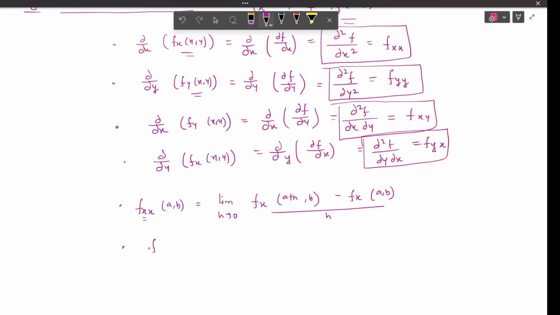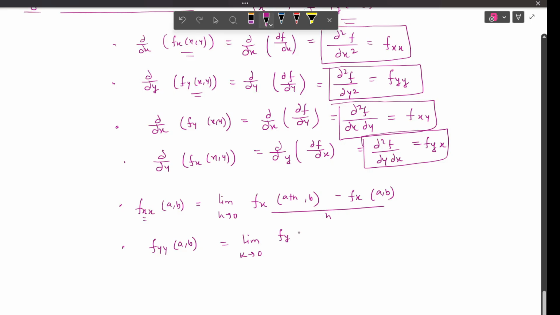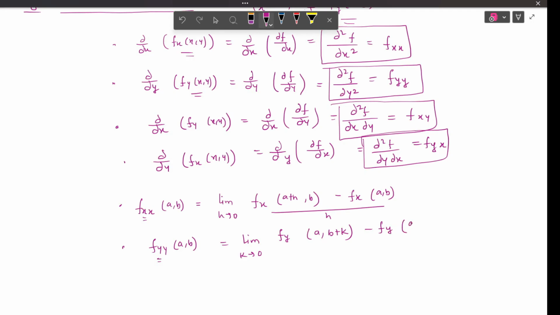And we can say f y y at (a, b) is the limit as k tends to 0 of f_y(a, b plus k), now here we are differentiating with y, minus f_y(a, b), upon k.